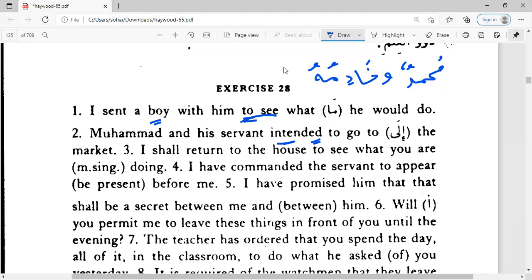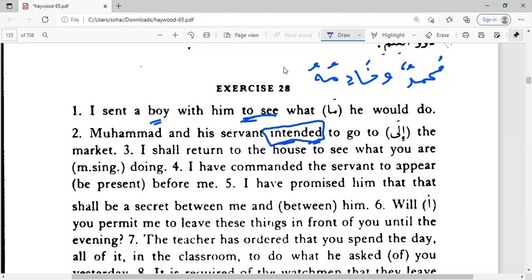Yaqsuda. So yaqsuda is present tense. We have to do it in past tense, isn't it? Intended is past tense, so why would we use future tense? Muhammad and his servant are not intending or will intend.